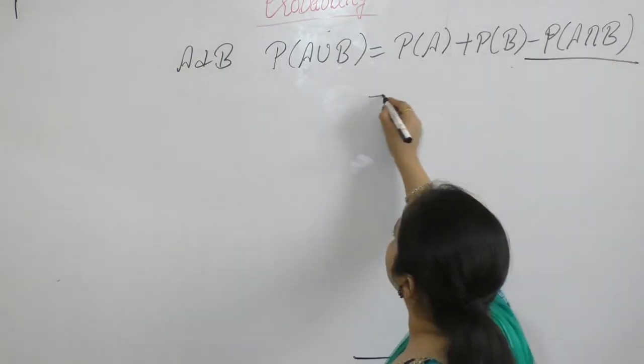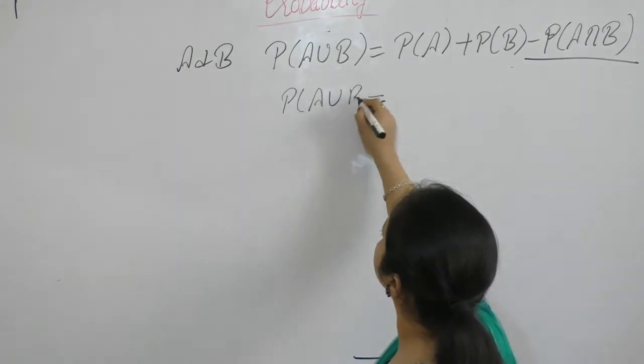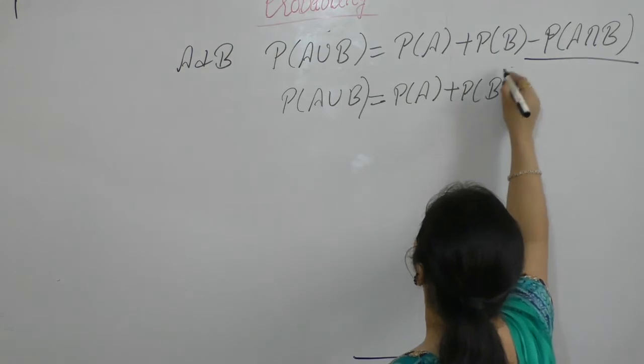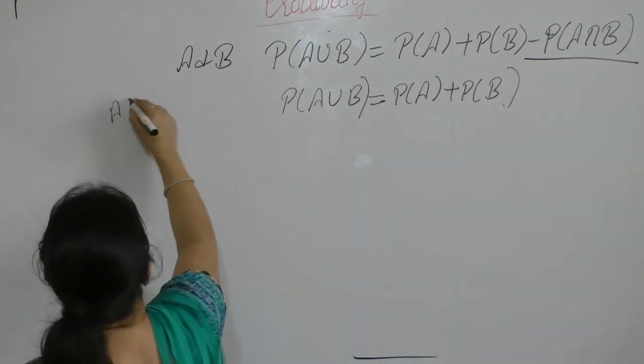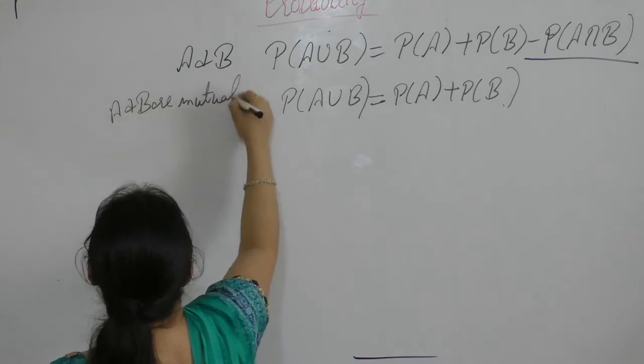Then probability of A union B is probability of A plus probability of B, when A and B are mutually exclusive.